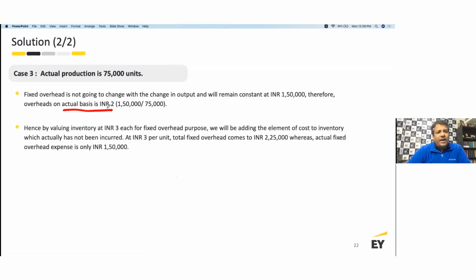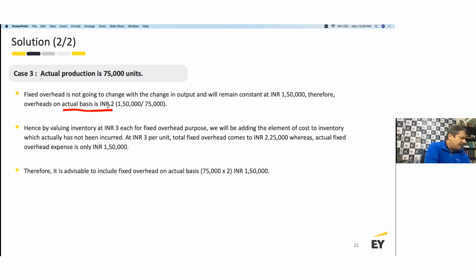If I were to value inventory at 3 rupees, I will end up overvaluing the inventory. My inventory valuation principle is cost or market price, whichever is lower. So total fixed overhead, if I were to apply 3, comes to 2,25,000, whereas I've only incurred 1,50,000. Therefore, it is advisable to include fixed overheads here on actual basis.